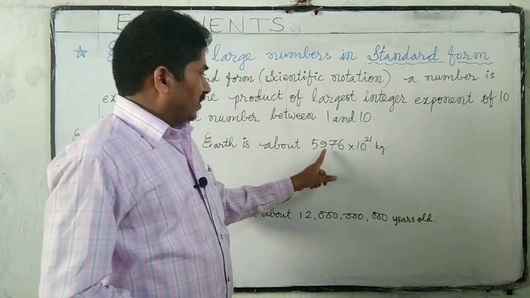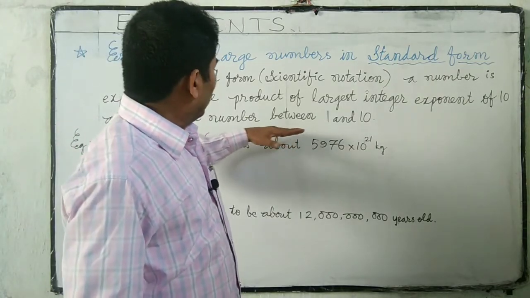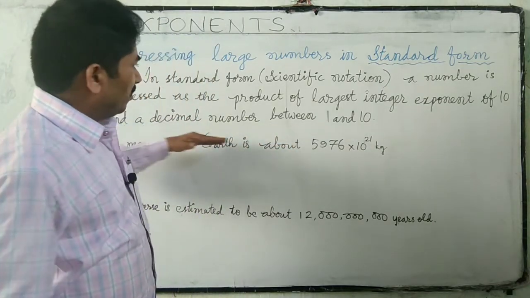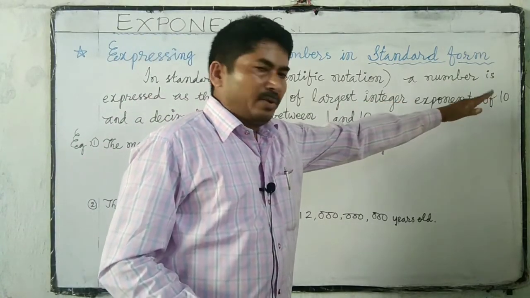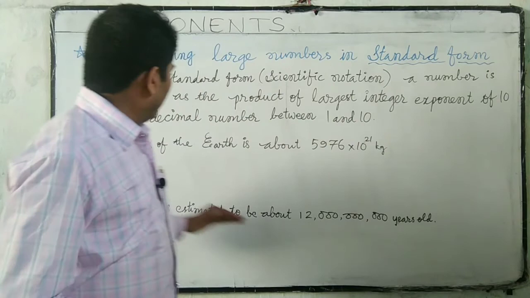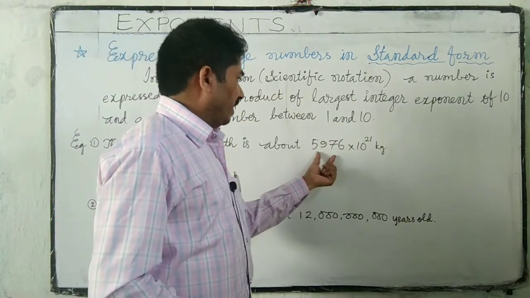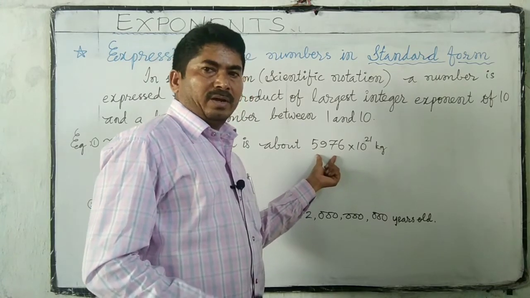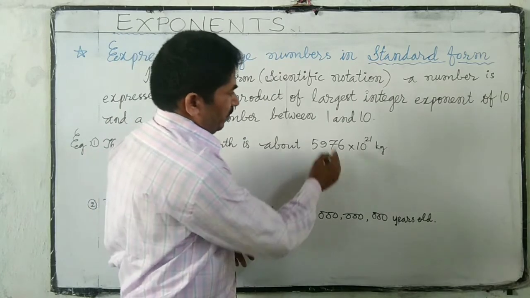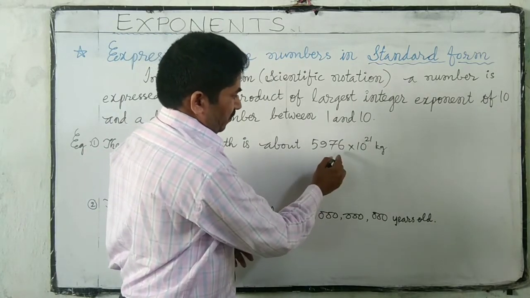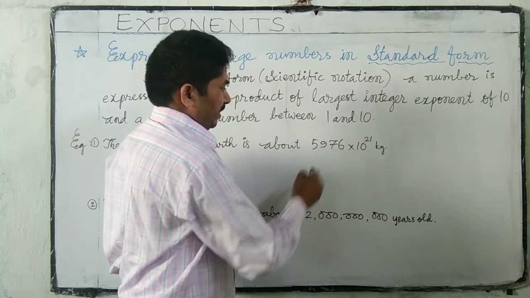Here we have 5976, but we have to write this as a large integer exponent of 10 and a decimal number between 1 and 10. To make a decimal number between 1 and 10, we have to shift the decimal to the left by 1, 2, 3 places.